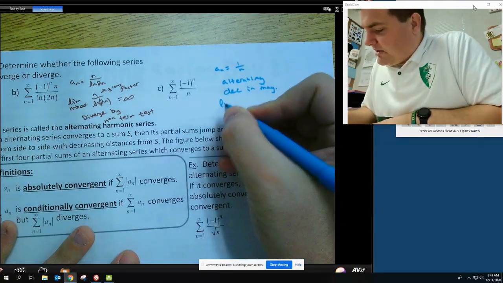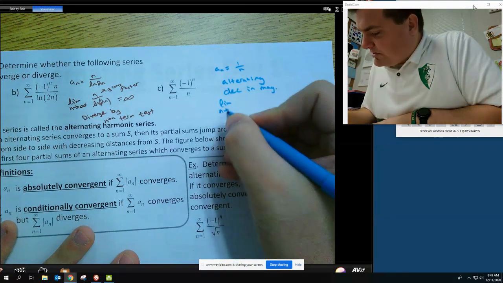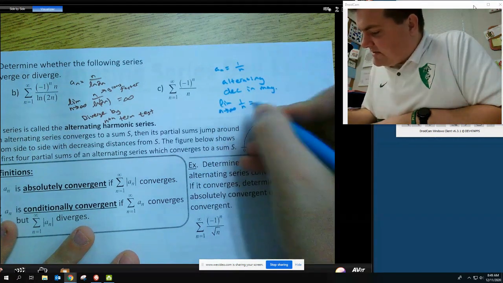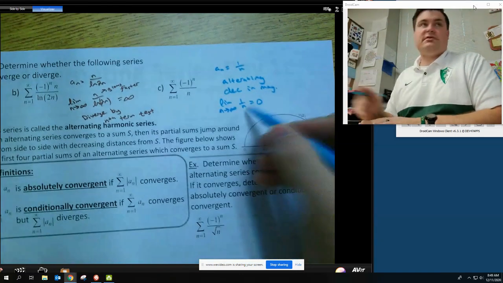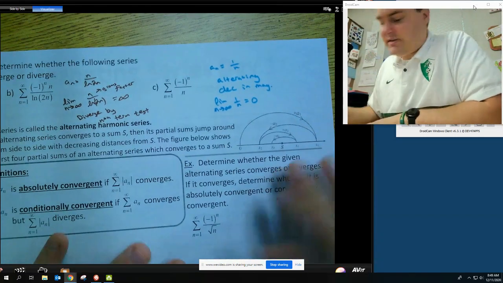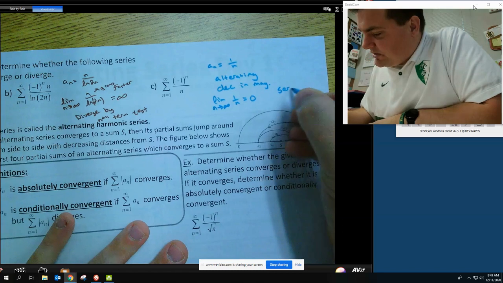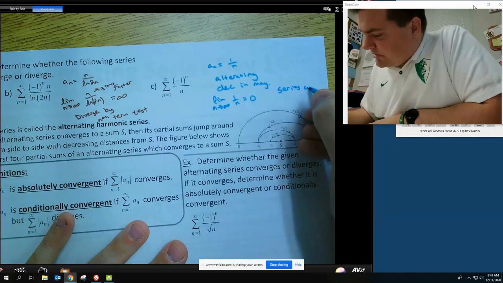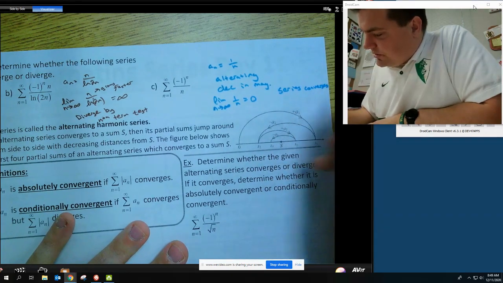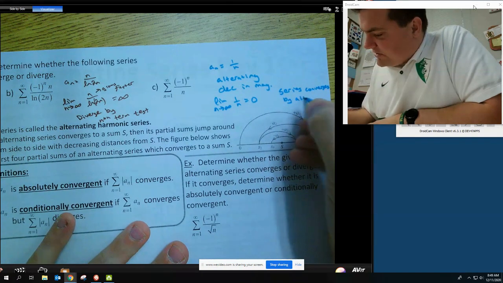And then the limit as n approaches infinity of 1 over n is indeed equal to 0 because it grows faster at the bottom. So now I can go ahead and say that the series converges by the alternating series test.